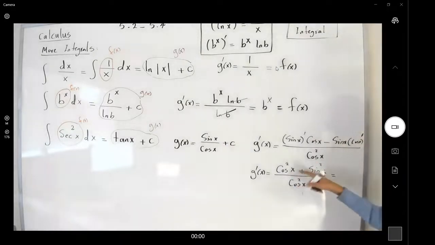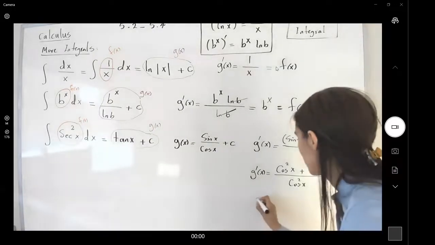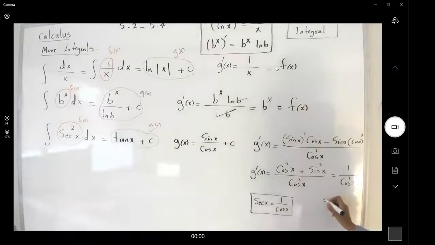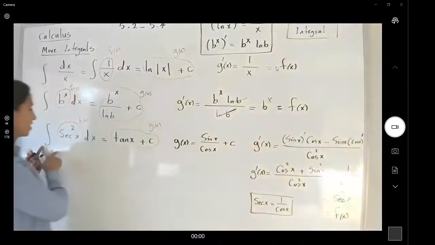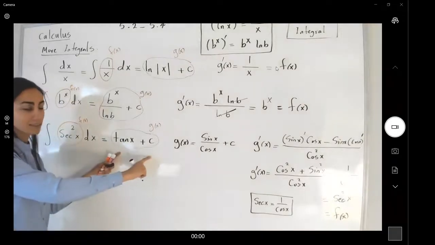We know that sine squared plus cosine squared is equal to 1, so we have 1 divided by cosine squared of x, but 1 divided by cosine is nothing but secant. That's how we define secant. Since secant of x is 1 over cosine of x, this is equal to secant squared of x, which is equal to f of x. We verified that the integral of secant squared dx is tangent x plus c.